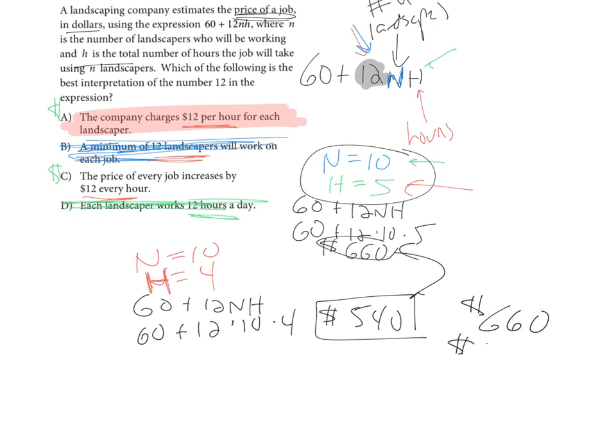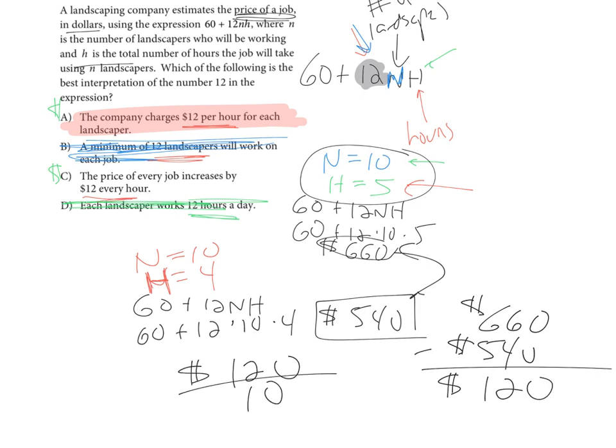They only worked 4 hours, so the job is $540, so the difference is $120. So that $120, when divided by the 10 landscapers working, tells me that the company charges $12 per hour for each landscaper. For these questions, it's always a good idea to read the answer choices, choose convenient values, and see what the numbers are telling you.